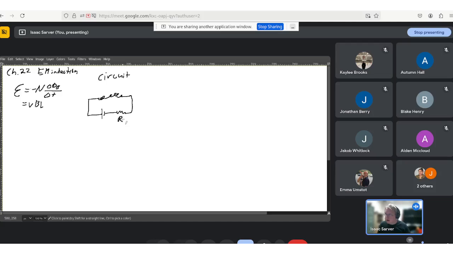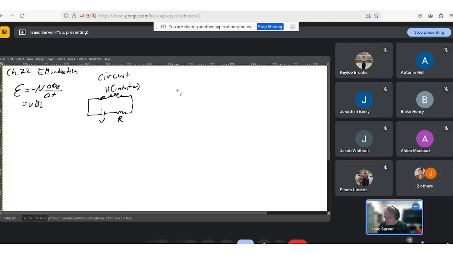So this is R, this is H, my inductor, and this is my V battery here. Okay.